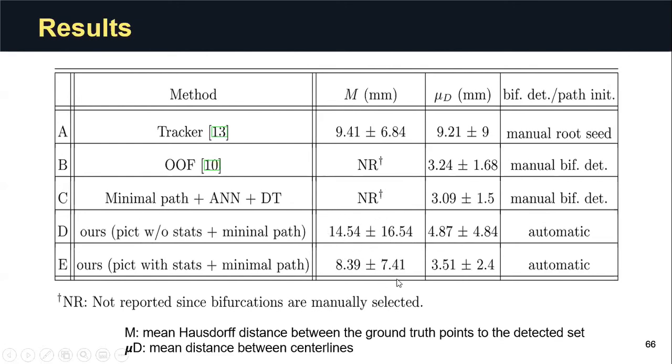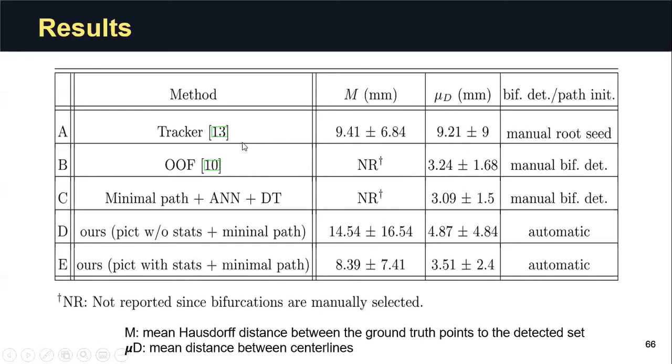But by adding the statistics, the mean distance really gets smaller. The same thing happens for MD, which is the mean distance between center lines. Without statistics, it's better than the tracker method, but it doesn't outperform the OF method. However, by using statistics, we are outperforming.